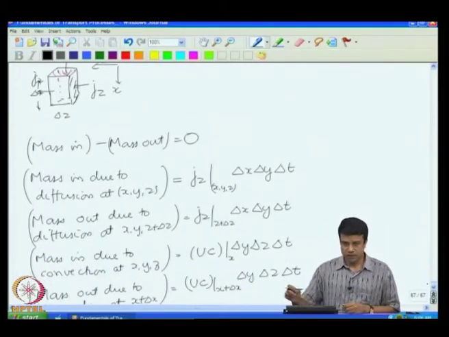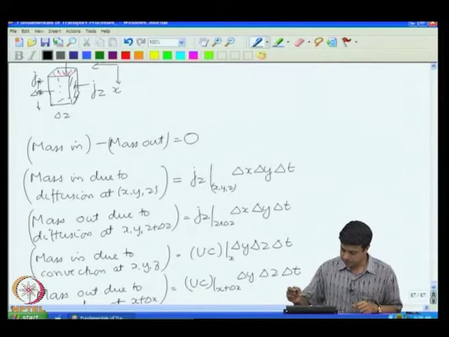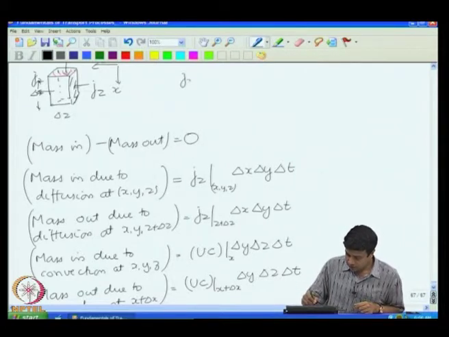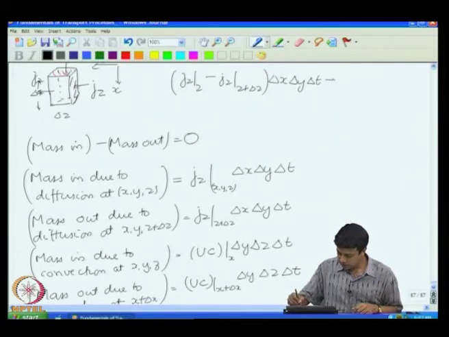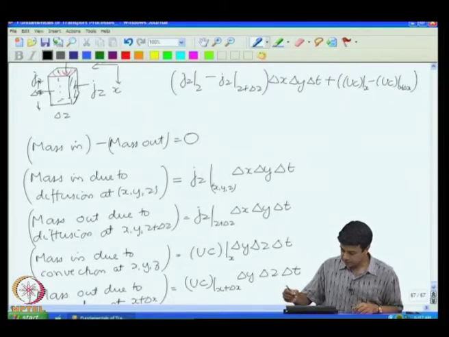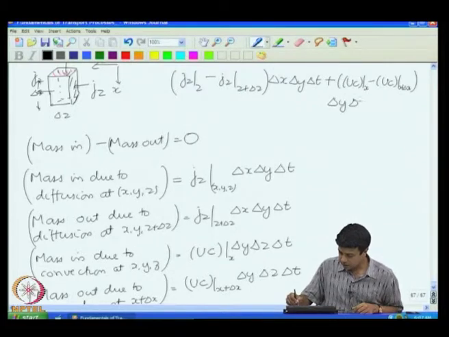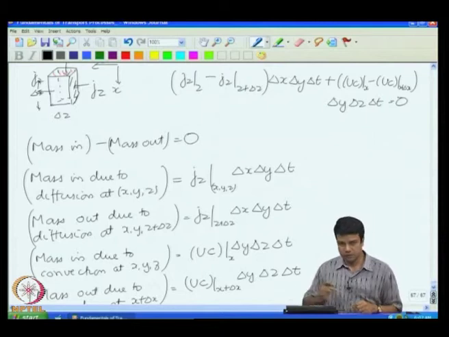Okay. So, putting all this together, I will get Jz at z minus Jz at z plus delta z, into delta x delta y delta t, plus u times c at x minus u c at x plus delta x, into delta y delta z delta t is equal to 0.